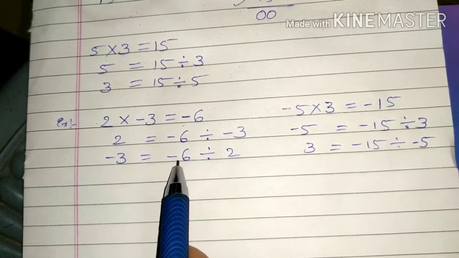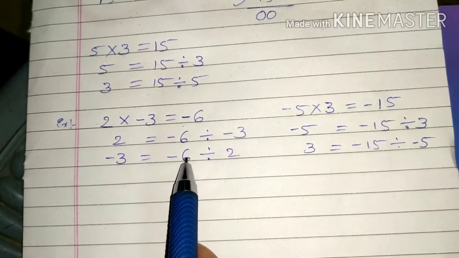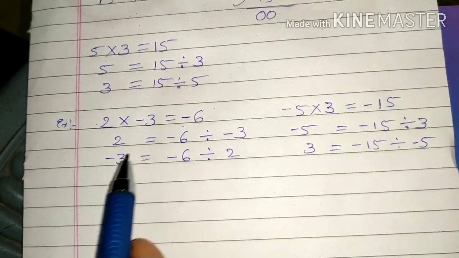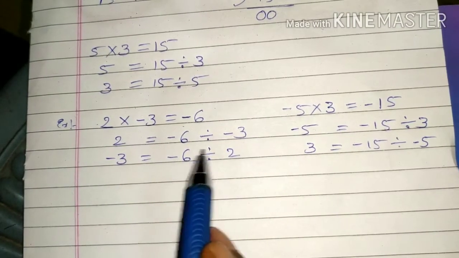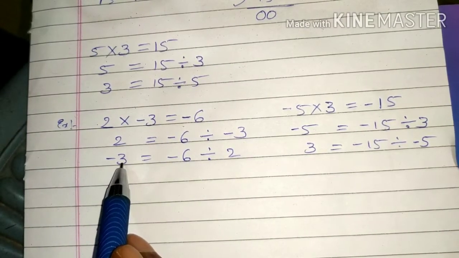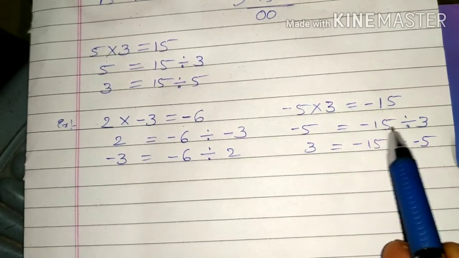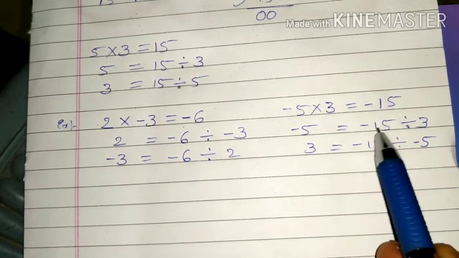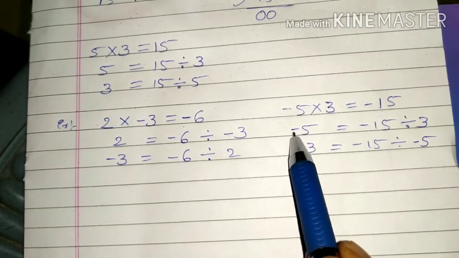If you divide a negative integer by a positive integer, just divide as whole numbers, then put a minus sign for the answer, that is the quotient. Here also the same thing: divide like whole numbers, that is 15 by 3, the answer is 5, and put a minus sign.